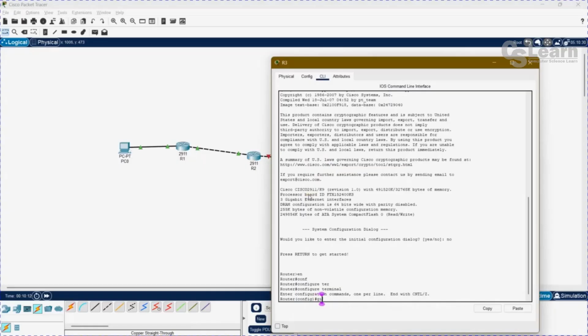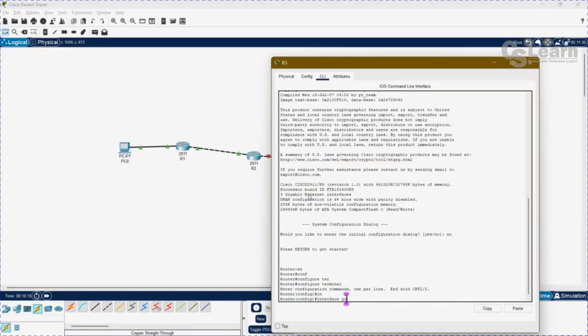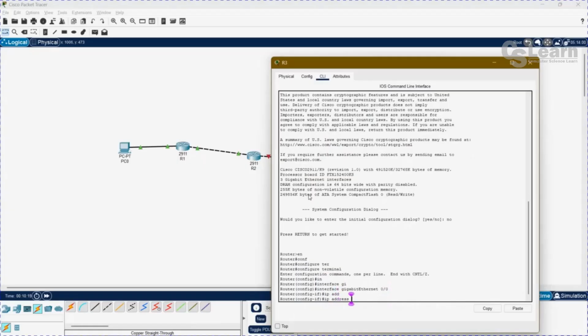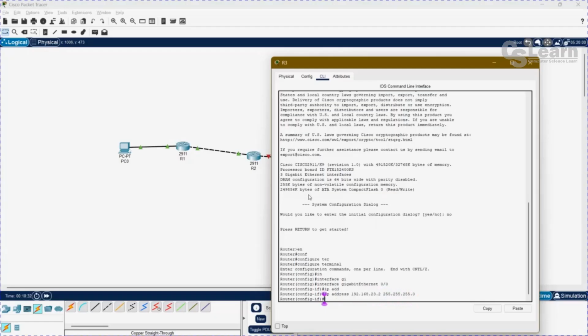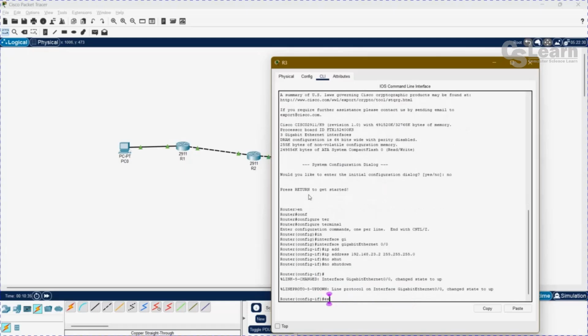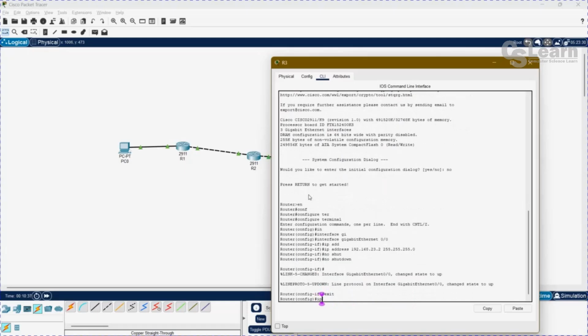Interface gigabit ethernet 0/0, IP address of it 192.168.12.1, 23.2, 255.255.255.0. Okay, no shutdown, exit.